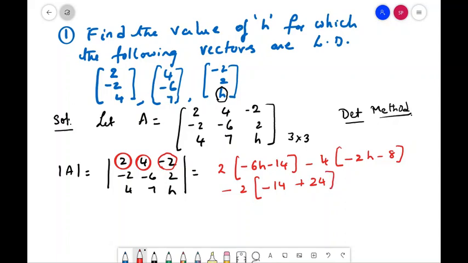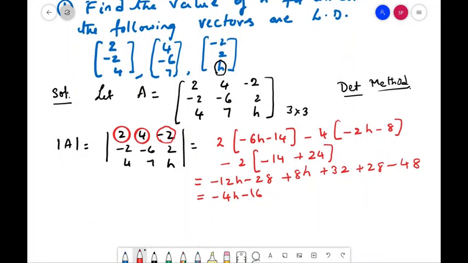If I simplify this, we get minus 12h minus 28 plus 8h plus 32 plus 28 minus 48, on solving which we get minus 4h minus 16.